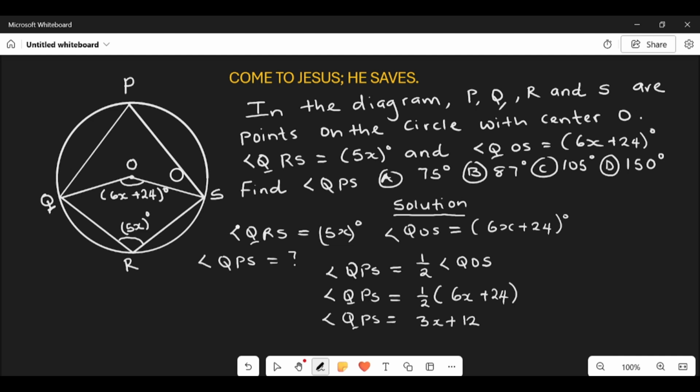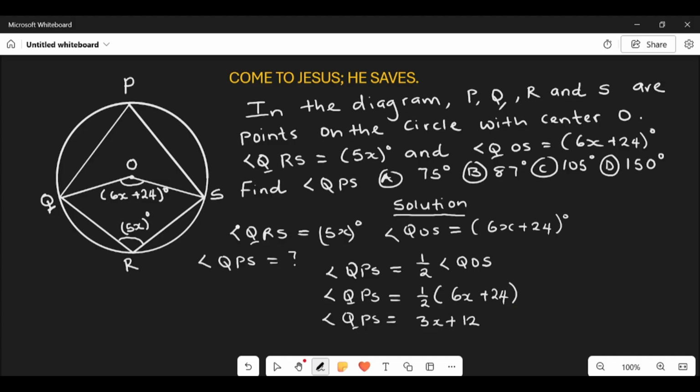In a cyclic quadrilateral, the sum of two opposite angles is equal to 180 degrees. Now in this diagram, our angle QPX plus angle QRX are equal to 180 degrees.